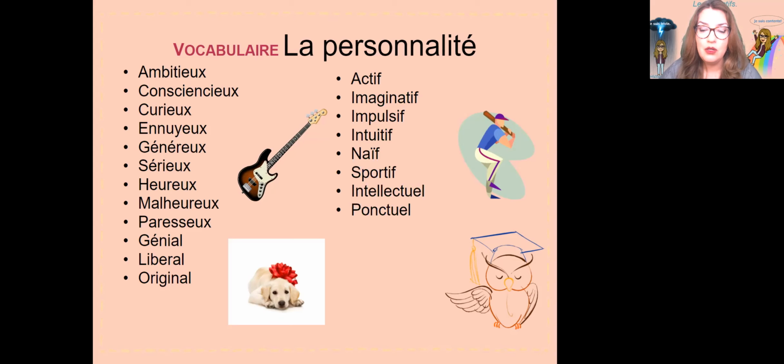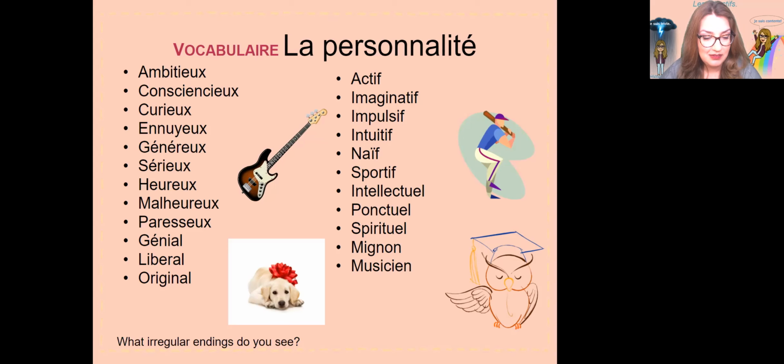Intellectuel, ponctuel, spirituel, mignon, nice or cute. Mignon means cute. Musicien. Okay, so what irregular endings do you see here? I'm going to ask you to pause and think about it, and we'll talk about it together in class.